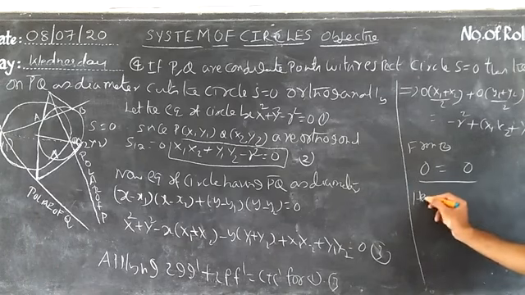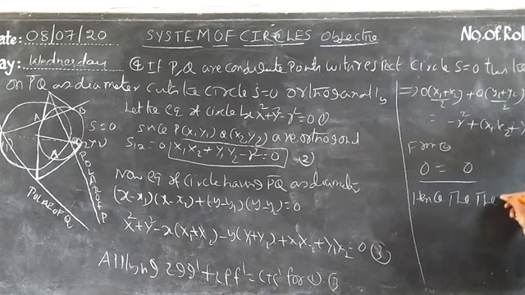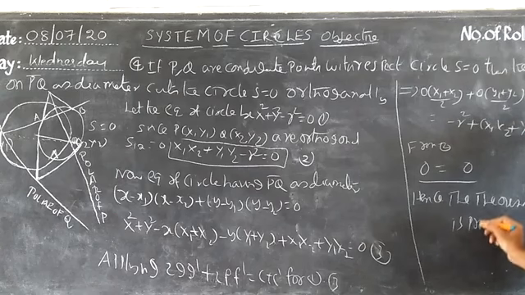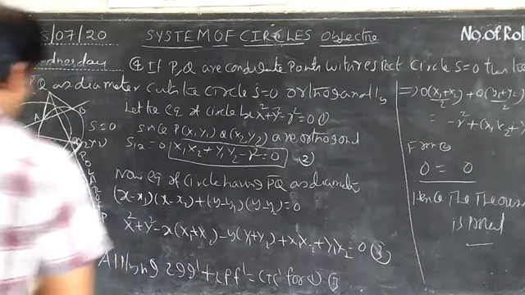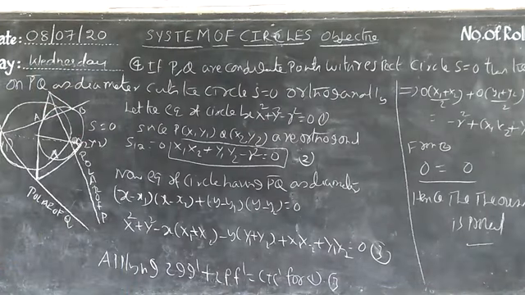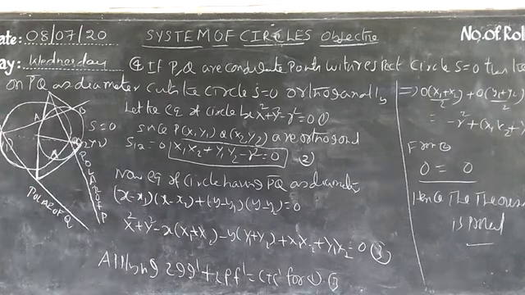Hence the theorem is proved. What is the theorem? If P, Q are conjugate points with respect to the given circle S equal to 0, then a circle having PQ as a diameter cuts the given circle orthogonally.